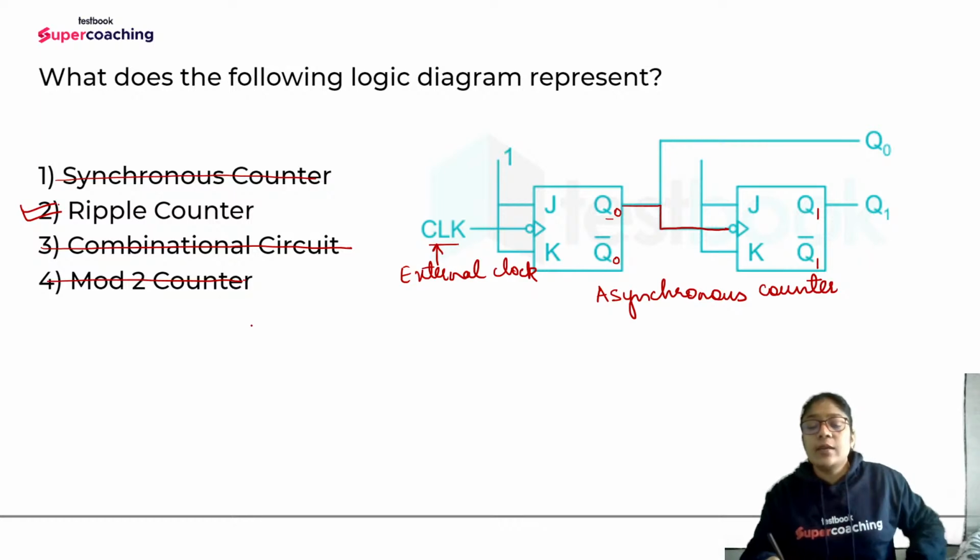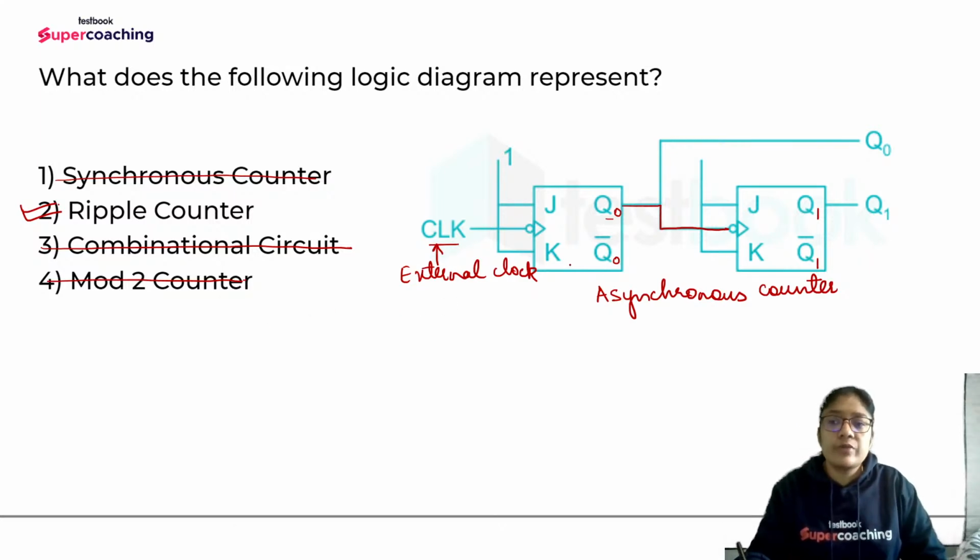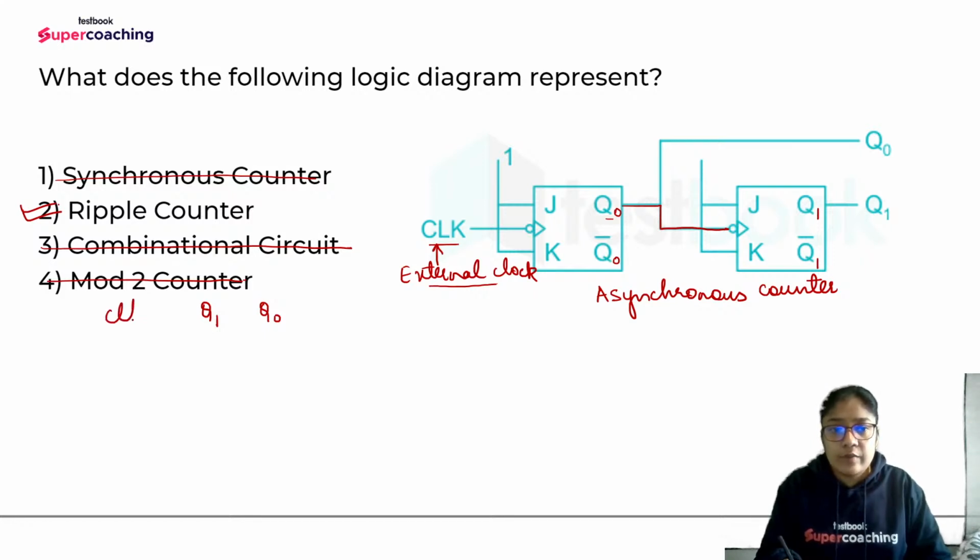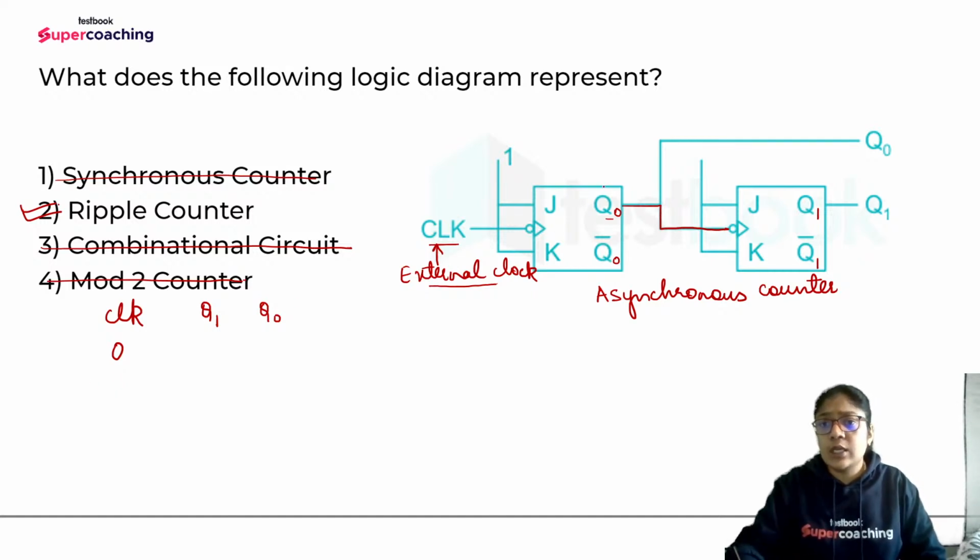All right. Can you tell me what will be the sequence of the output? The external clock is applied to a flip-flop, and the output of that flip-flop is the least significant bit, Q0, and then Q1. I'm discussing the functionality of the ripple counter. How does an asynchronous counter work? Initially, let's assume that the outputs are 0.